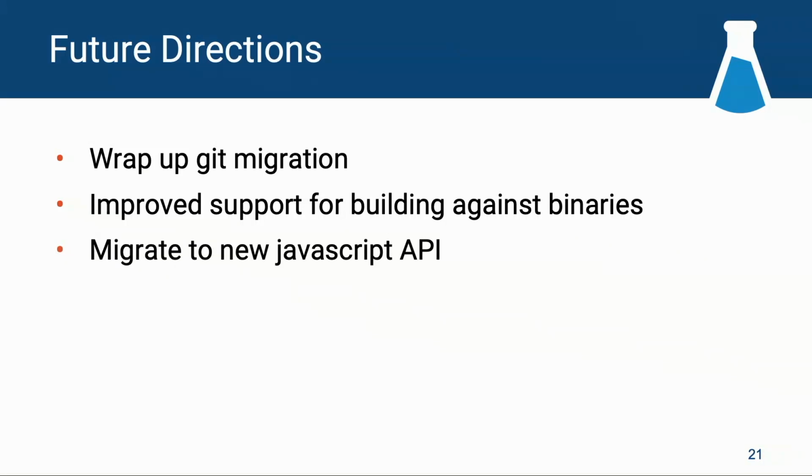We've also, for a number of years, been incubating a new version of our JavaScript API. It's in GitHub right now. It is a TypeScript-based API. The plan is to bring it to feature parity with our existing JavaScript API, transition internally, and then make that available to our clients.